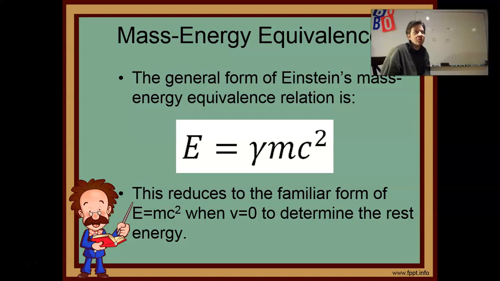It's no different than saying kinetic energy transfers into potential energy. Mass transfers into energy. Think of mass as a condensed form of energy, because when you take enough energy and you condense it to a small enough point, you create matter or mass.